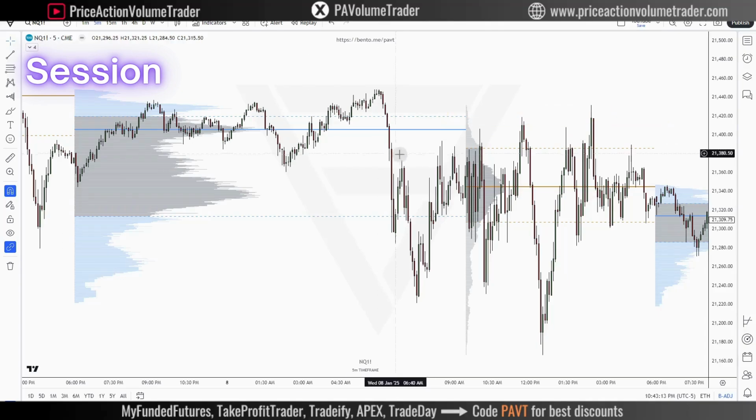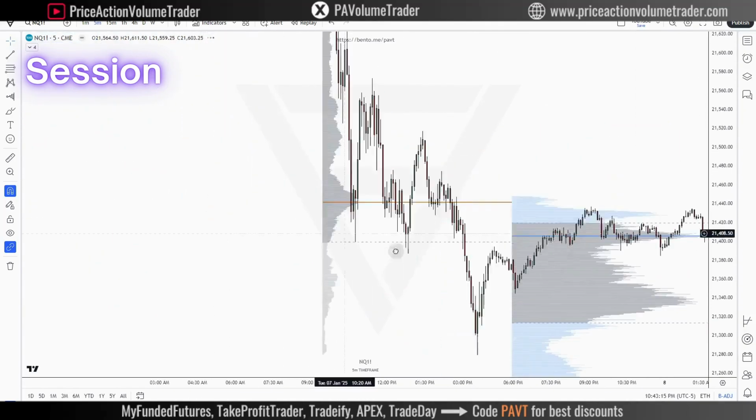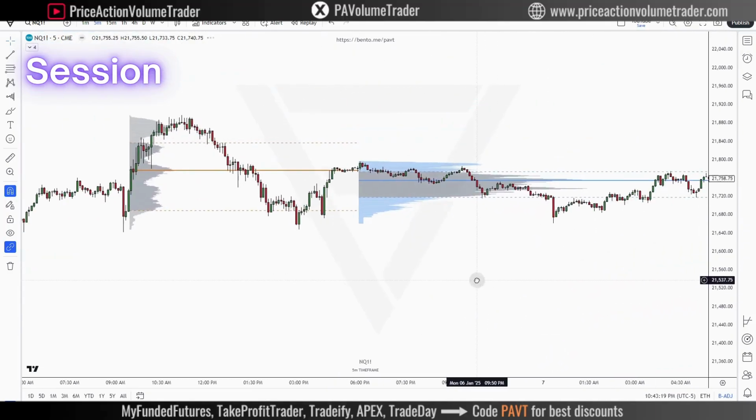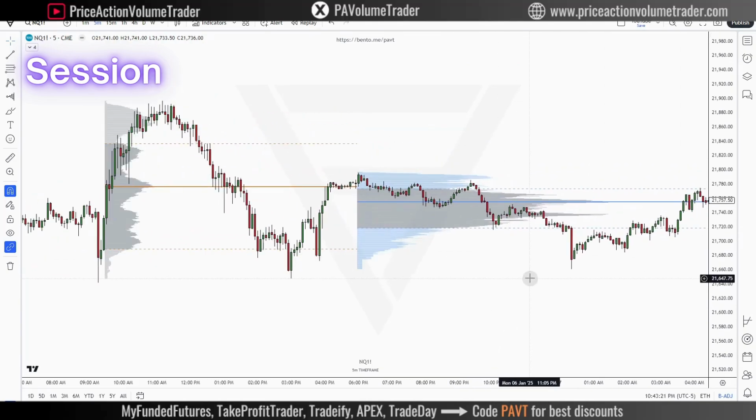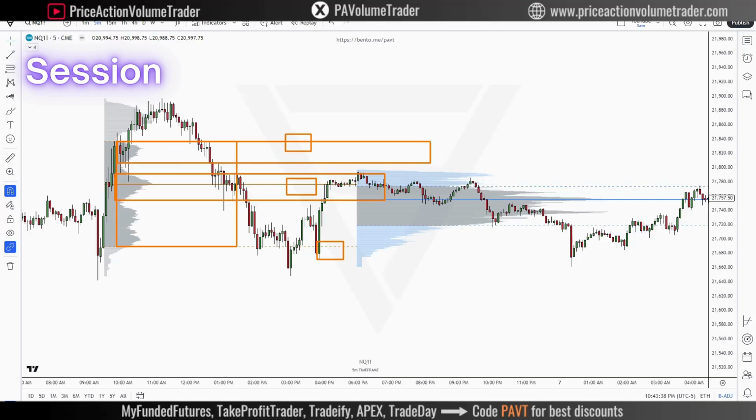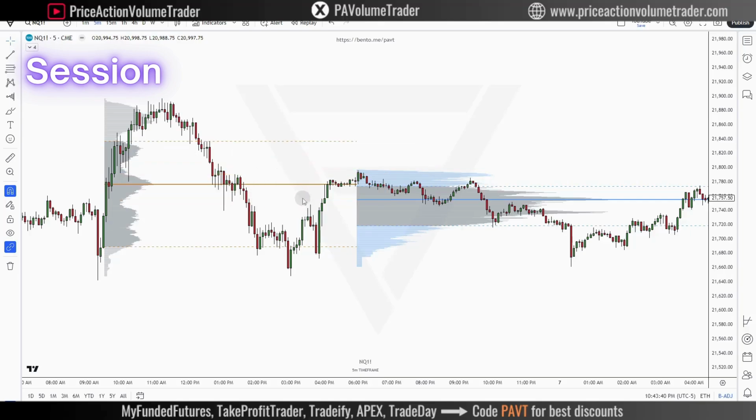So I always like to focus on the elements that we have on the chart. So that will be everything we've talked about: the value area, the value area high, value area low, point of control, the individual high volume nodes, like here, etc. All these different elements I'm going to be focusing on for the next sessions.